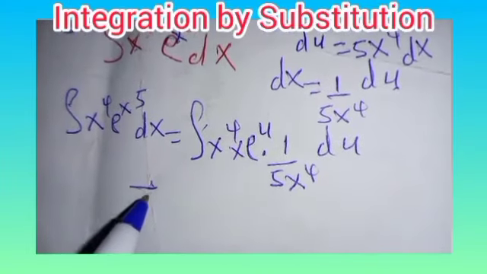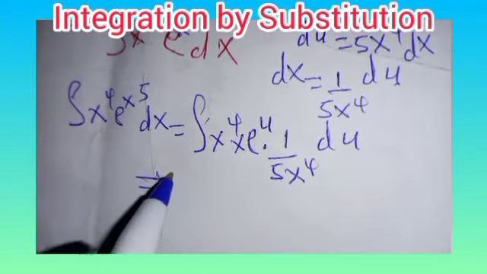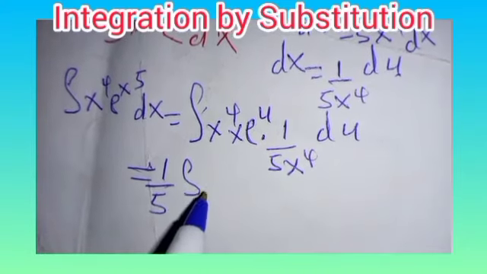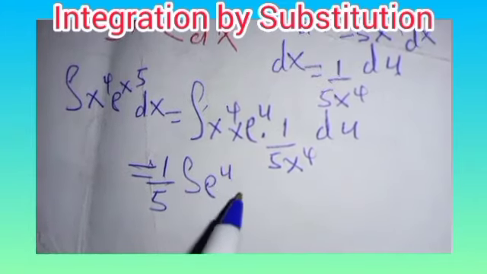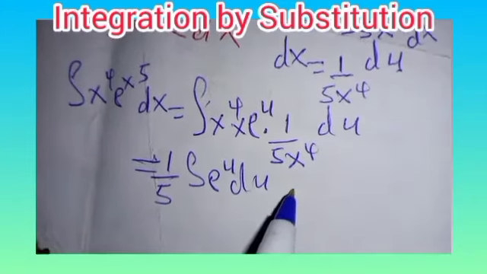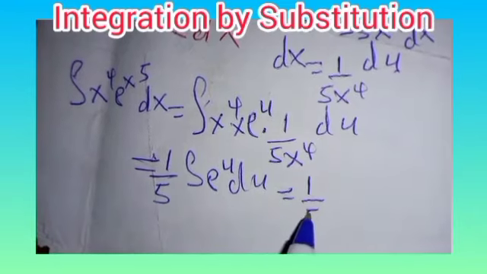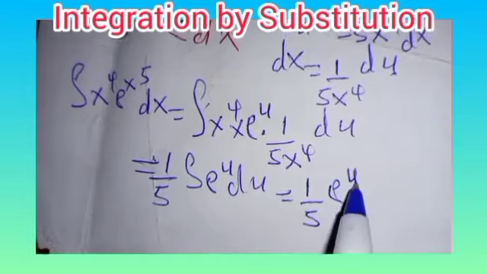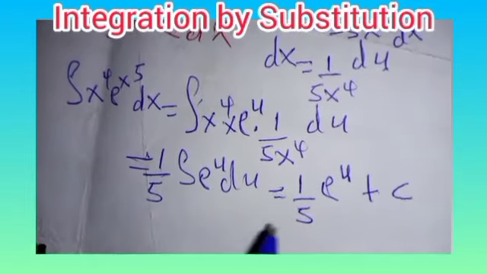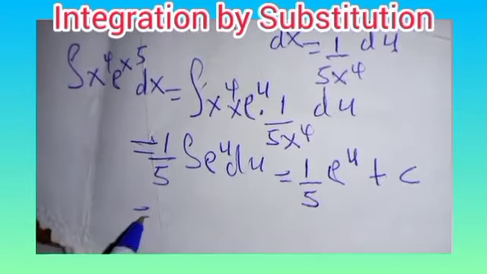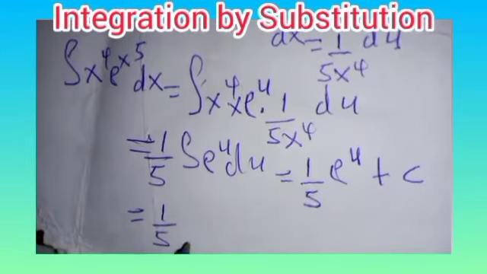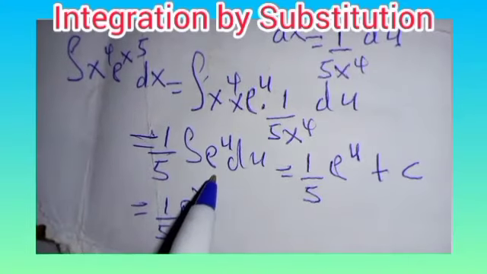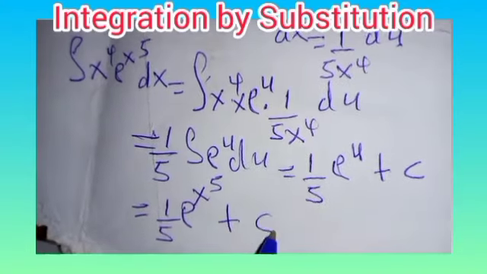Our x power 4 will cancel, so you have 1 over 5 outside, integral of exponential u du. When we integrate exponential u, the result is exponential u plus a constant c, which is equal to 1 over 5 exponential x power 5 plus constant c.